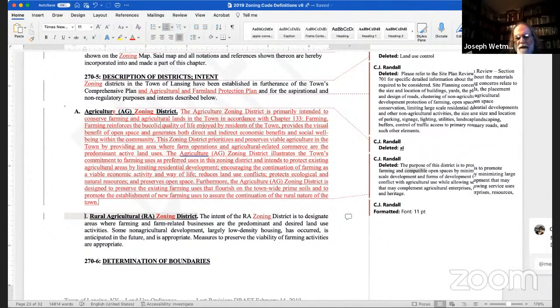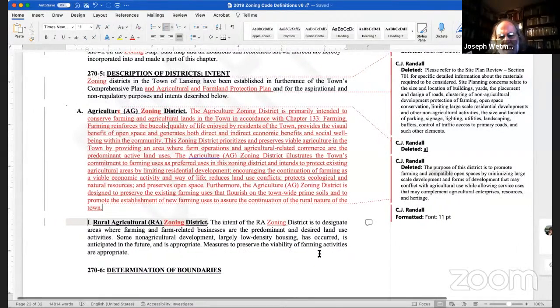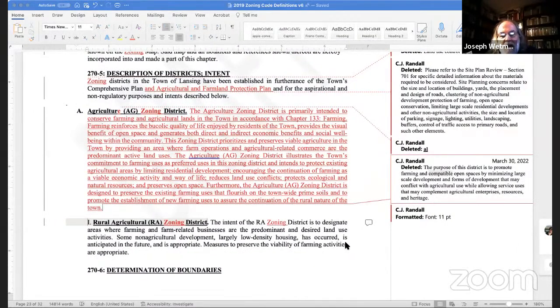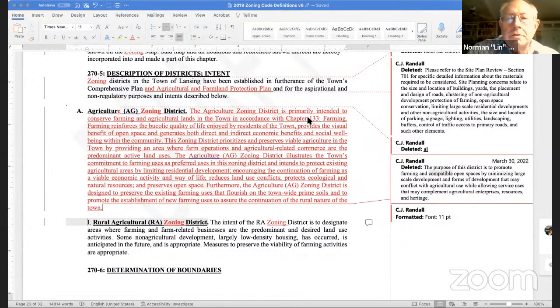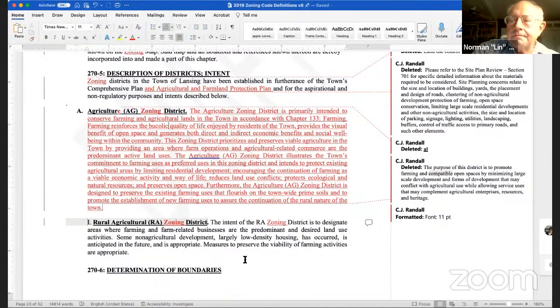I think to be fair, people who live out in the rural area move to a rural area and want it to stay somewhat rural. I hear this from a lot of people in Lansing, that they don't want to see some big factory show up or some big shopping center show up. And I think that's what it's driving at. Maybe there's a better way to phrase it, but I think the general idea is one that I hear from many people in the town. We hear it every time we try to do something that's different.